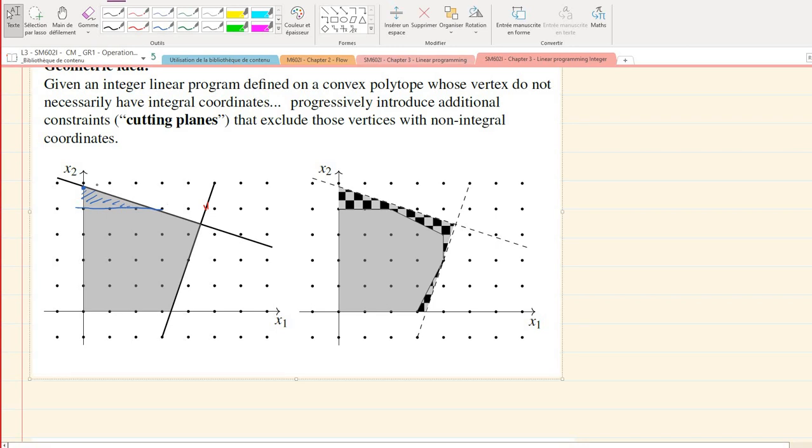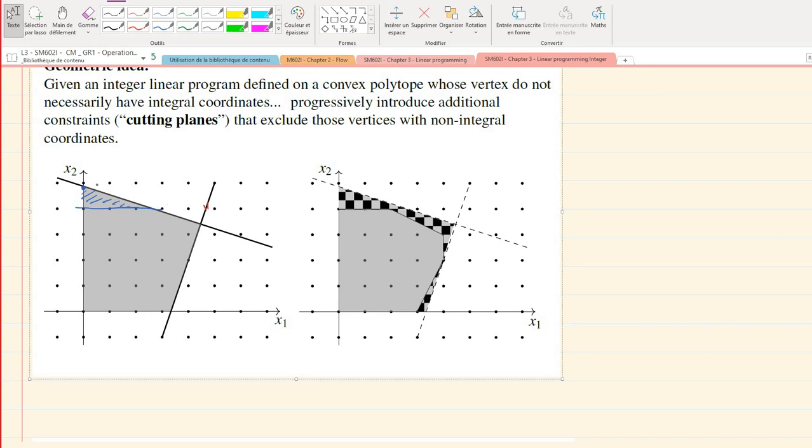I need to understand your question better. You mean what the word means? Yeah, I don't understand. It says that we make cutting planes to exclude non-integral coordinates. But how do you recognize them?